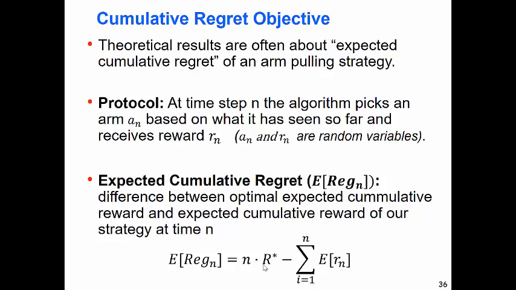The original theory in the 60s started out trying to analyze the asymptotic regret. And they showed there are strategies that are asymptotically optimal. It's only somewhat recently that they analyzed the finite time regret in terms of n.